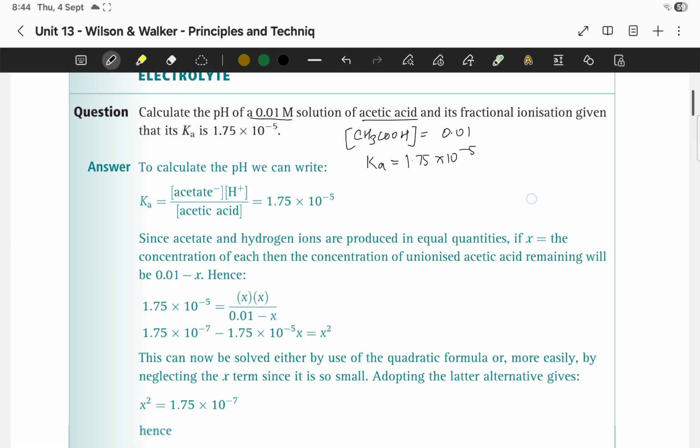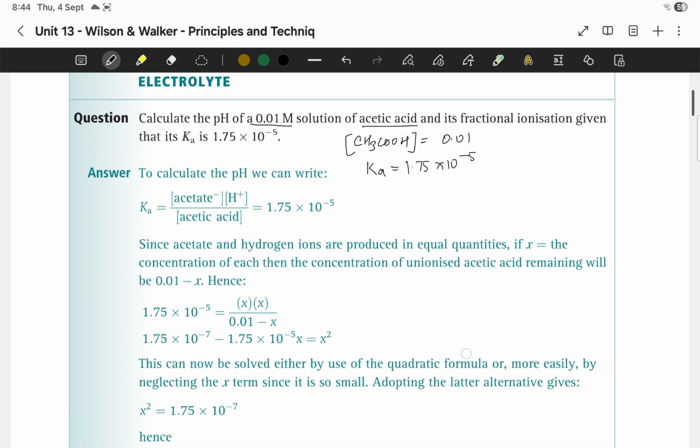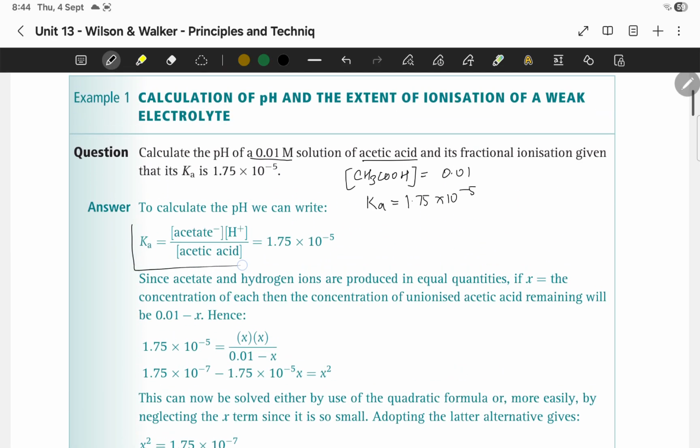So how does one find the pH? Let us see. We'll use this formula first, because Ka is equal to this and the concentrations are used here.